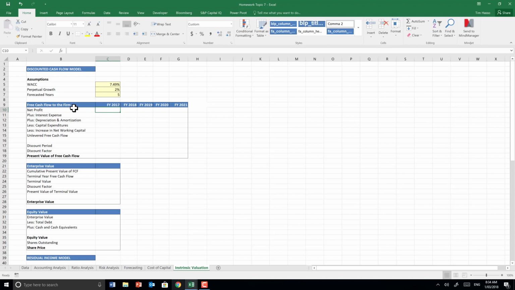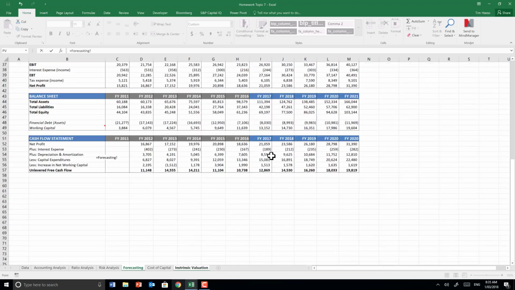Now, to get started, we need to figure out what the cash flows to the firm are. When we build a discounted cash flow model, we start with the net profits and then get back to cash. If you remember from the forecasting week, we've actually done this exact forecasting exercise previously. So to get the net profit in 2017, I can just reference it from the forecasting sheet.